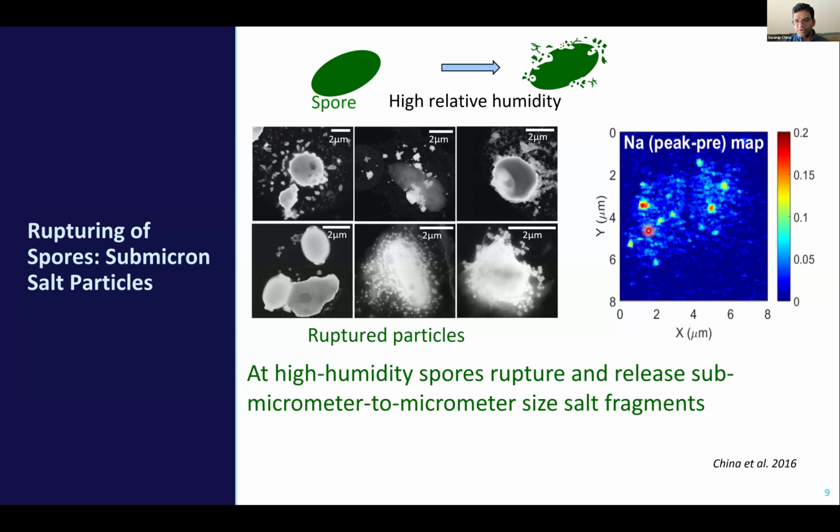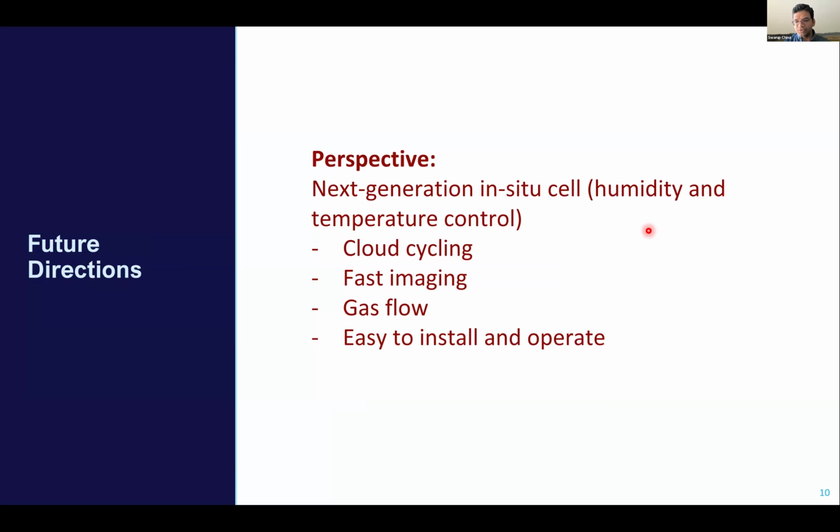To do that, we really need an in situ cell, like an X-ray microscopy in situ cell, but more advanced than the one that we used before, where we can have cloud cycling. We also need to improve the imaging timescale, because some of the processes are much faster. With the traditional timescale that we have, we were not able to capture those events. We need the flexibility to do gas flow, so that sometimes they react with ozone or some other oxidant, and we can see the interaction between all these environmental components.